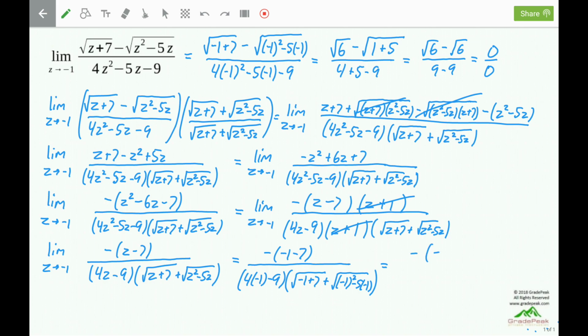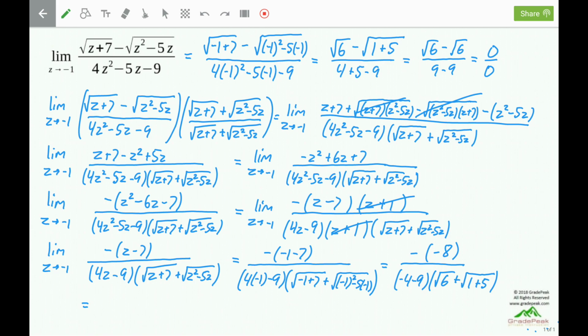In the numerator, -1 minus 7 is a -8. In the denominator, 4 times a negative 1 is a negative 4 minus the 9 times the root of negative 1 plus 7, which is a 6, plus the root of negative 1 squared, which is a 1, and then a negative 5 times a negative 1 is a positive 5.